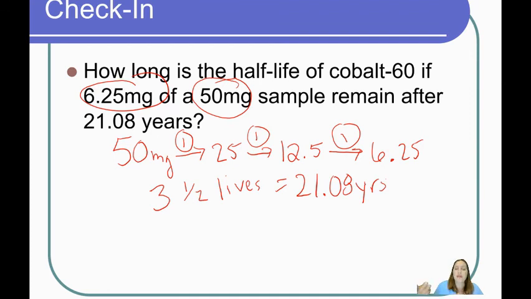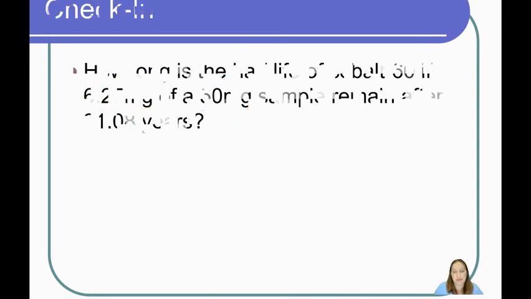And so that gives me 3 half-lives. 3 half-lives is 21.08 years. So 1 half-life is equivalent to 7.03 years. And so I figured out how long a half-life is.